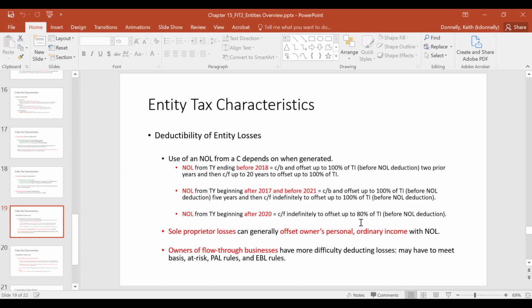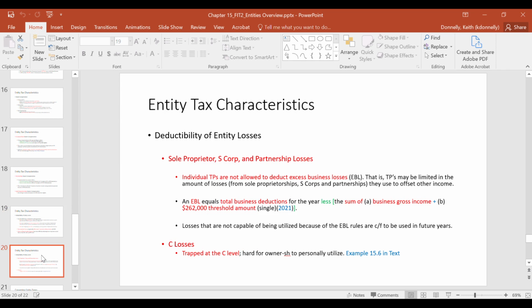There are 3 or 4 different hurdles you have to clear before you can offset ordinary income with it. They do not make it easy. So we're just talking high level here. We'll have chapters dedicated to each of these, but at a high level, it's important to know that yes, you can utilize these losses, and depending on the type of entity, there are different rules.